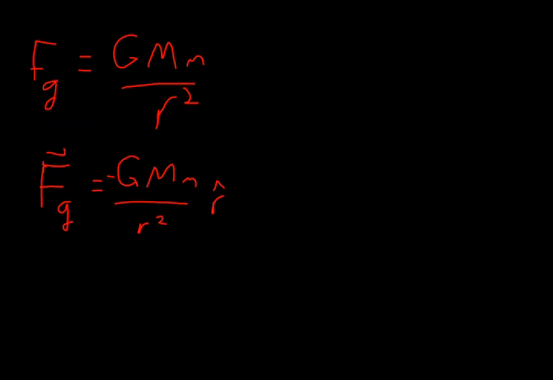R hat is a unit vector, the unit vector that points out from the center of the planet, the bigger mass, the mass causing the force that we're talking about. The negative sign is there because the force of gravity is attractive. And so r hat points outwards, so the negative sign makes the force point inward.